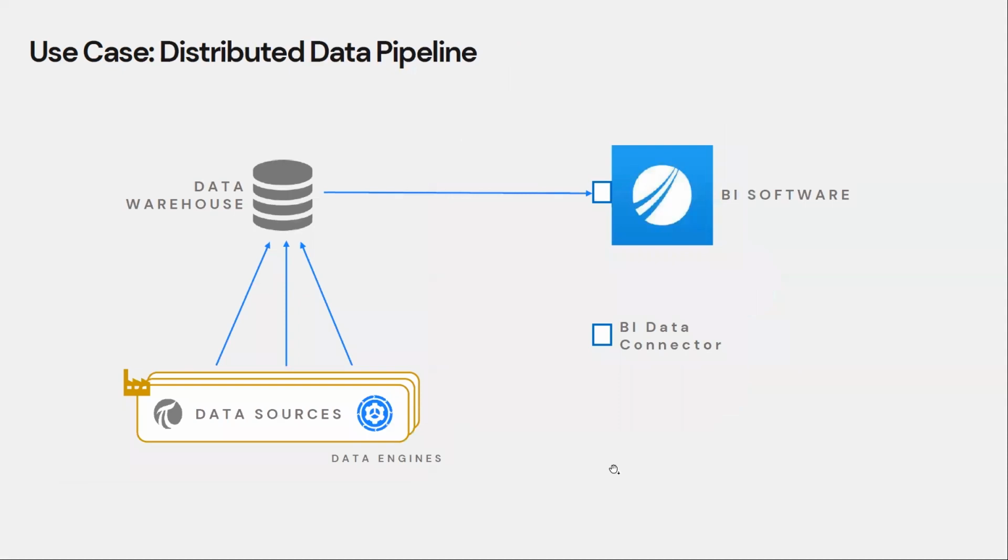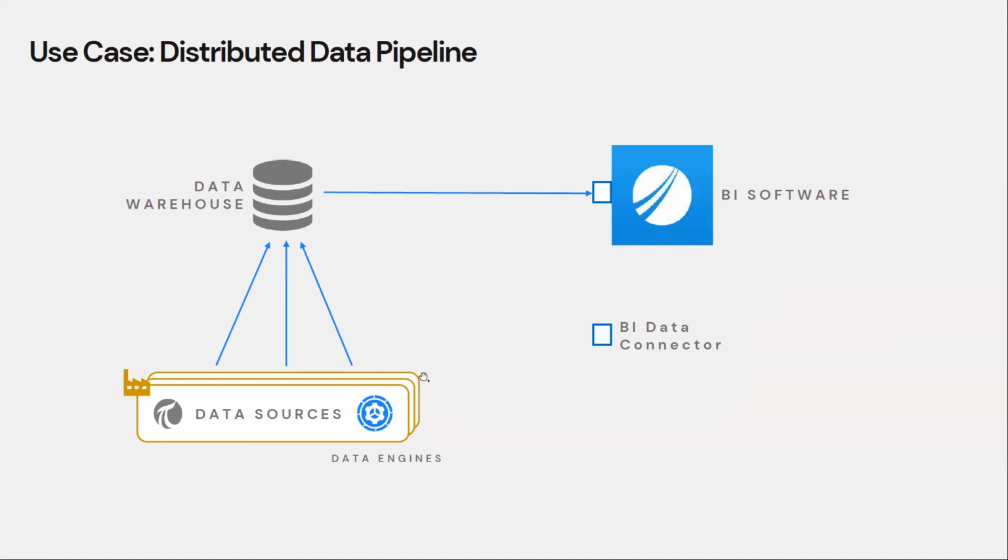Another very basic use case is using a distributed data engine as a distributed data pipeline, right? So you typically have BI software and you want to access all the data that is available in your organization, but because the data may be distributed, in particular on-premise, you cannot get it from the BI software because it's in different networks.